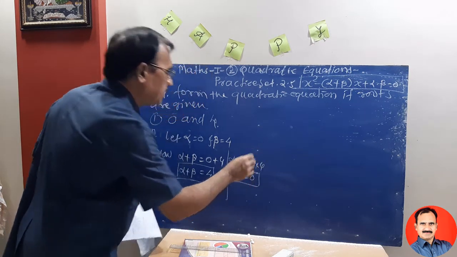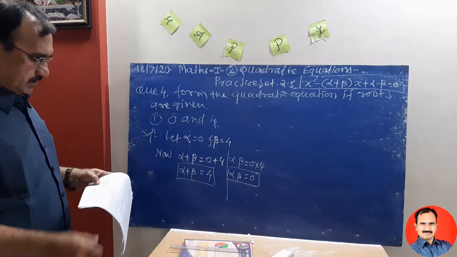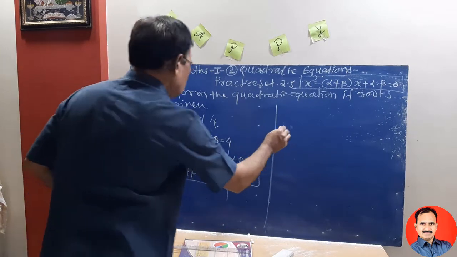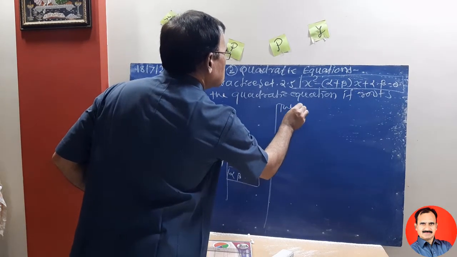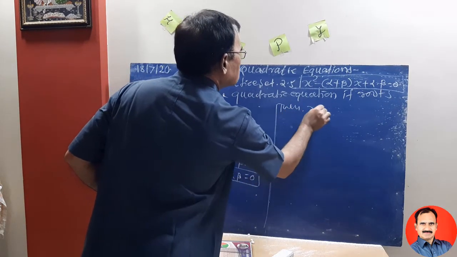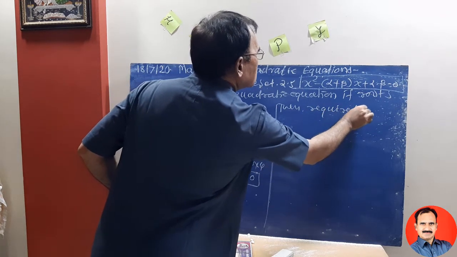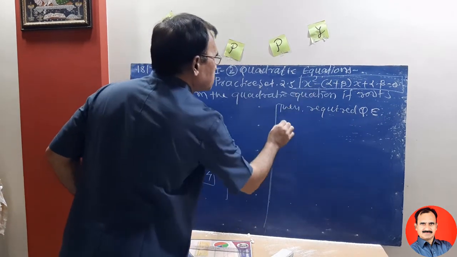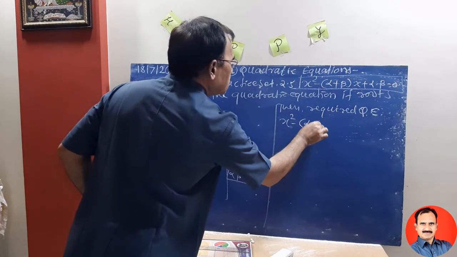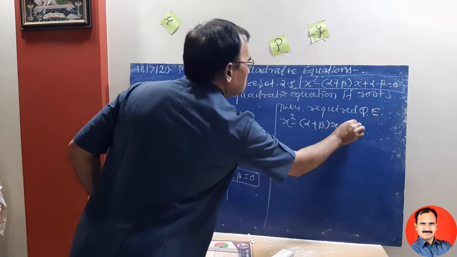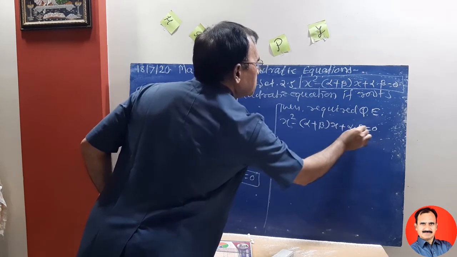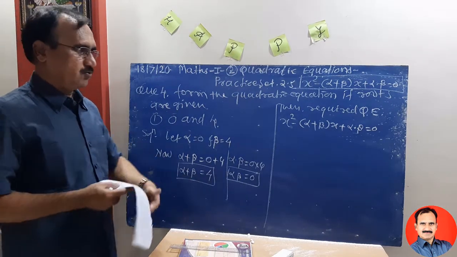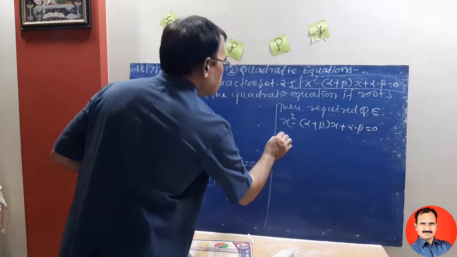Means any number into 0 is 0, and therefore here the required quadratic equation, you know this, x square minus alpha plus beta into x plus alpha into beta is equal to 0. Now put the values of alpha plus beta and alpha into beta, this is required equation.